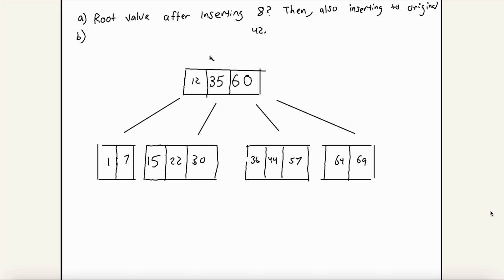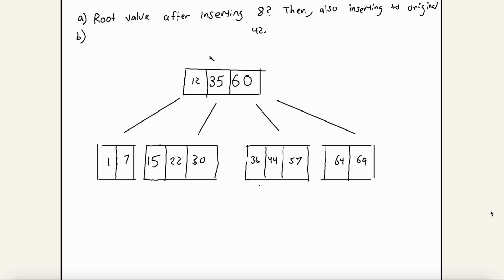So we want to follow this link down here. I've drawn it pretty poorly, but it actually will follow into this one. This is where 42 will go. So it ends up in this little subarray or whatever you want to call it.